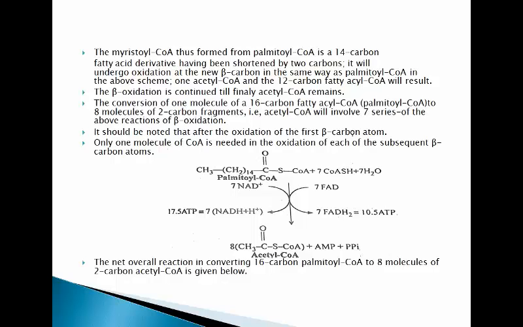So we can say that the palmitic acid, which is a 16 carbon containing fatty acid, after the formation of fatty acyl-CoA, will form 8 molecules of 2 carbon containing fragment, that is acetyl-CoA, and 7 times beta oxidation occurs, and only 1 molecule of coenzyme A is needed in the oxidation of each of the subsequent beta carbon atoms.